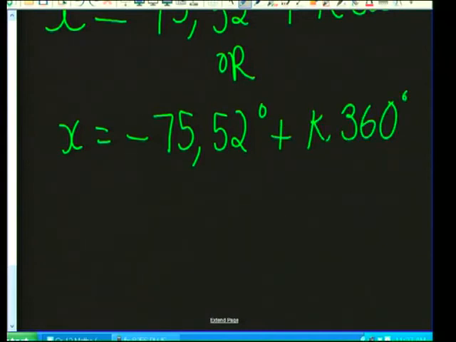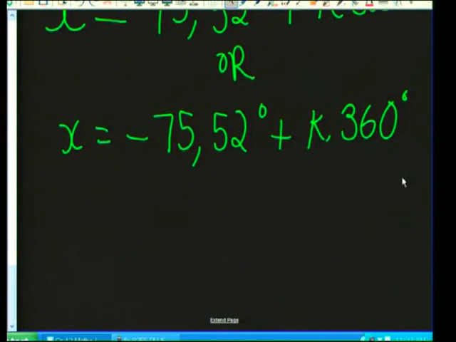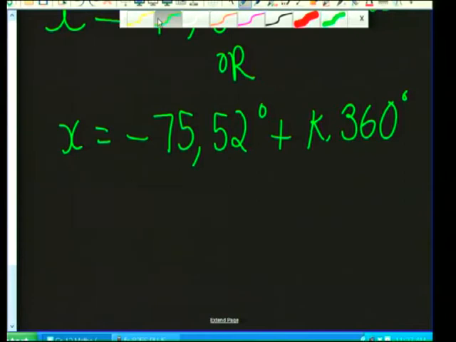Remember now the negative angle, if you punch it into your calculator, let's just try this quickly. If I punch in minus 75.52 plus 360, you'll get a different answer from if you do the positive. So if I do the positive, and I say 75.52 plus 360, can you see? That's a different answer from what you got. So essentially what this shows is that these are two different answers, but in one solution. And that is your answer.